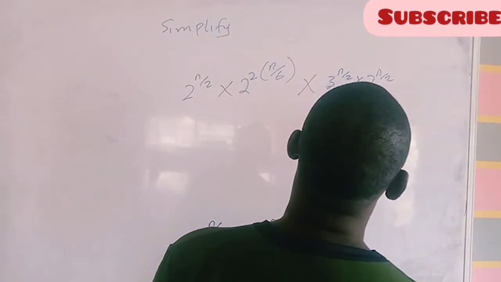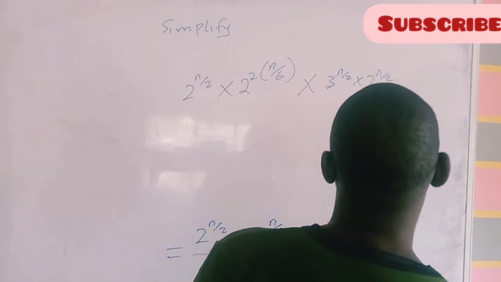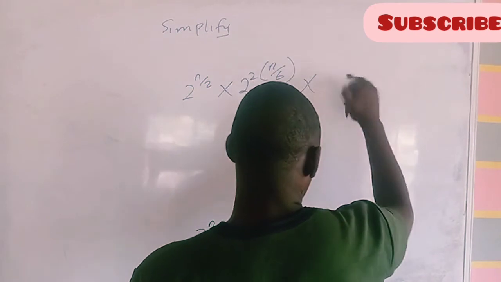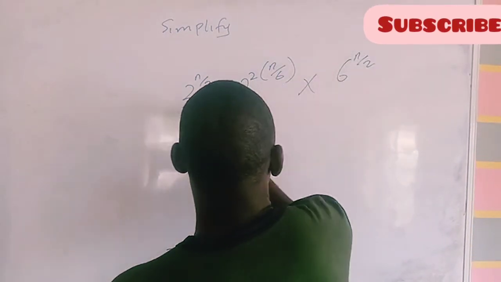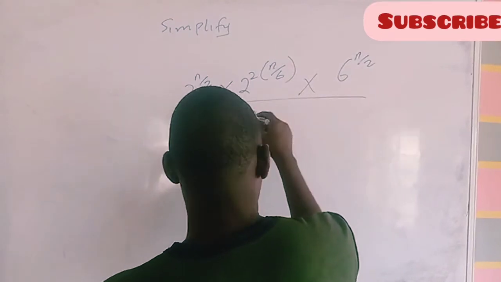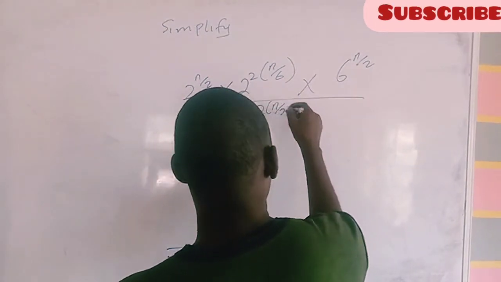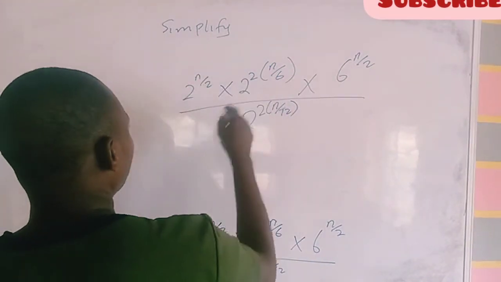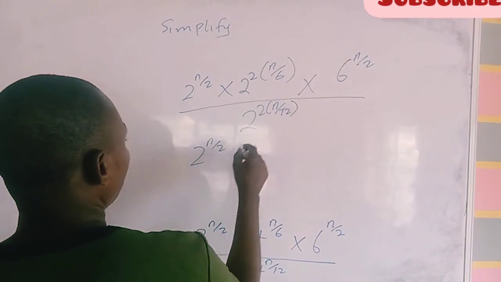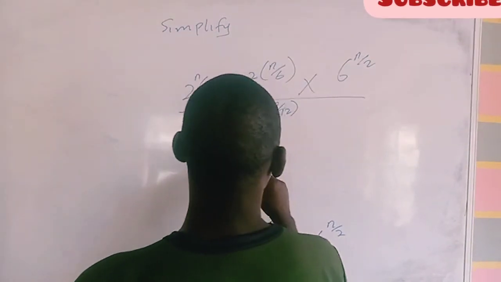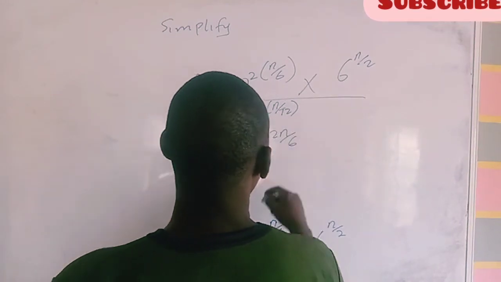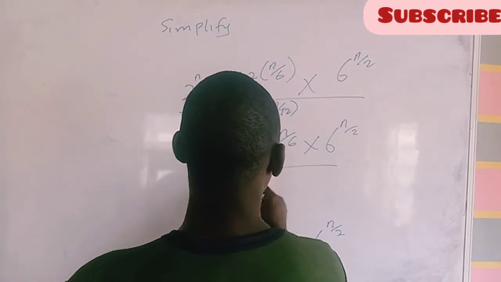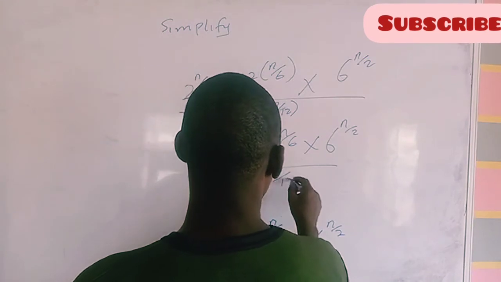Is it possible? This one is not possible. So we have 6 raised to n over 2 over 2 raised to power 2n over 12. So we multiply, okay? We have 2 raised to n over 2 times 2 raised to power 2n over 6 times 6 raised to n over 2 over 2 raised to power 2n over 12.